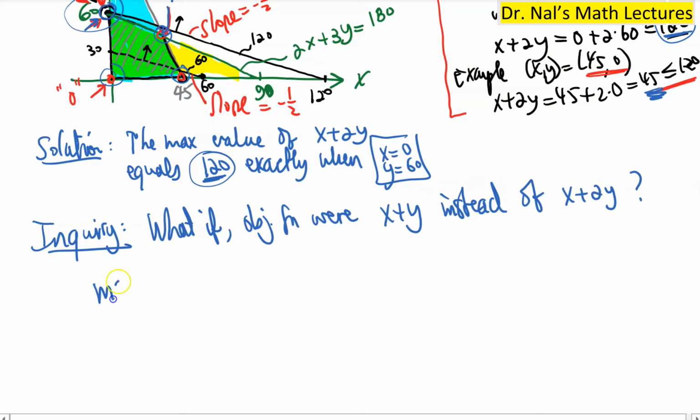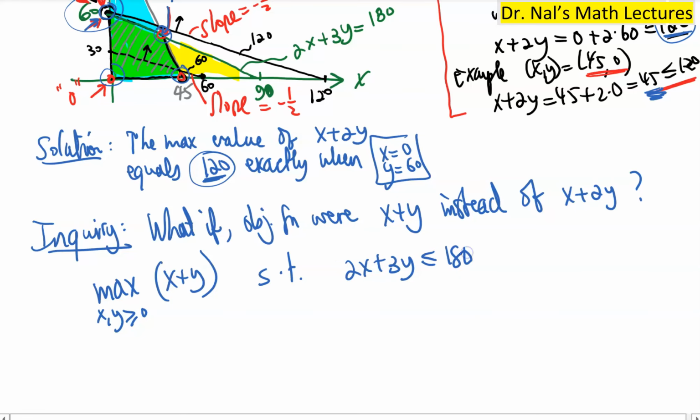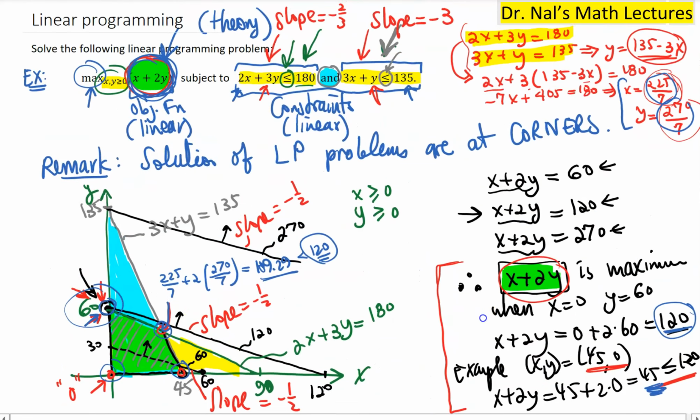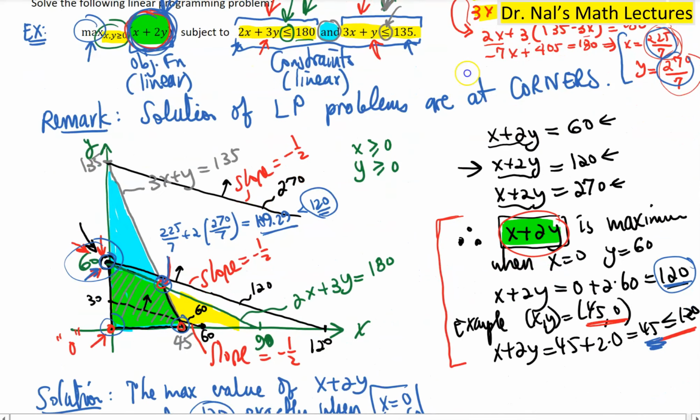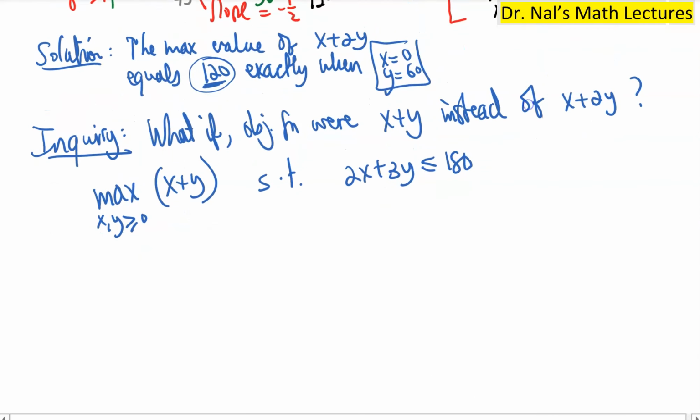So the new problem that we want to solve is this: maximize x plus y, where x and y are greater than or equal to 0, subject to the same two constraints, namely 2x plus 3y is less than or equal to 180, and 3x plus y is less than or equal to 135.